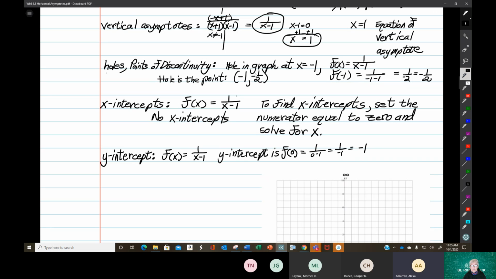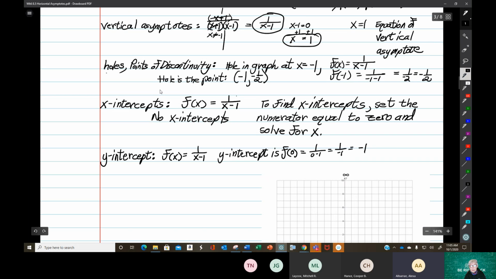Whenever we were finding the vertical asymptotes, we did cancel out the x plus 1 and x plus 1, and we decided that that was going to be a hole. And so to find the hole, you just substitute the x that you got from the factor that you canceled into the equation.